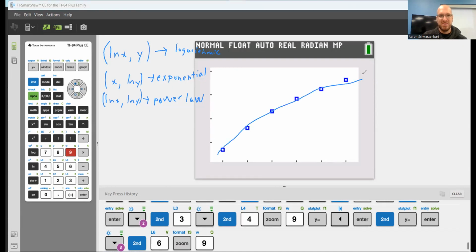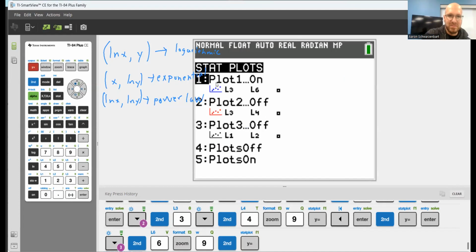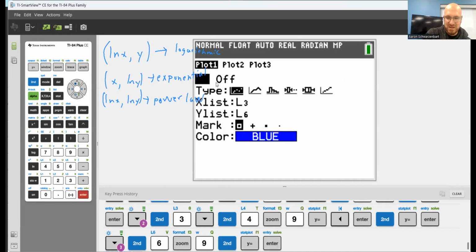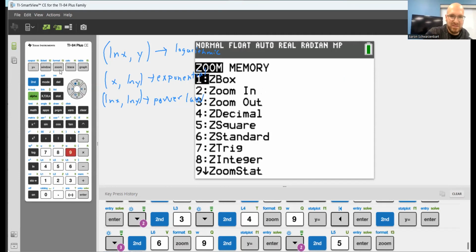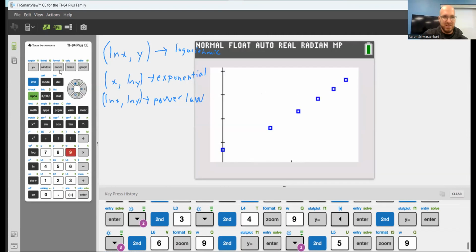So let's try and see if it's power law. I'll undo that drawing. Power law, I'm going to try both axes. That looks kind of straight. So we're going to do that.